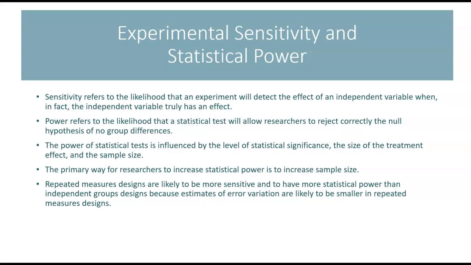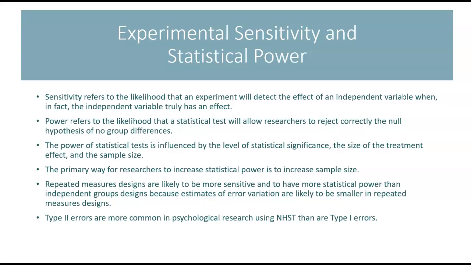That controls for more of the error possibilities and the individual difference issues. As your authors put it, these repeated measures designs have more sensitivity and more power because your estimates, your statement about how much error variation there's likely to be, it's likely to be smaller. Mostly because you are controlling for those random individual differences that could happen when you're assigning people to groups.